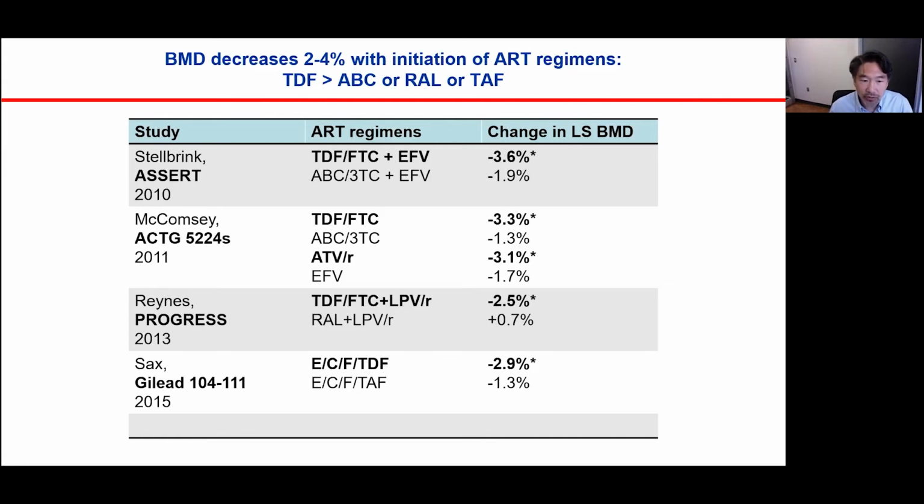In the last row, I'm showing the impact of changing from TDF to TAF in terms of initiation. Instead of a 2.9% loss with TDF containing regimens, with TAF in the same regimen, you're getting only a negative 1.3% change in bone density.